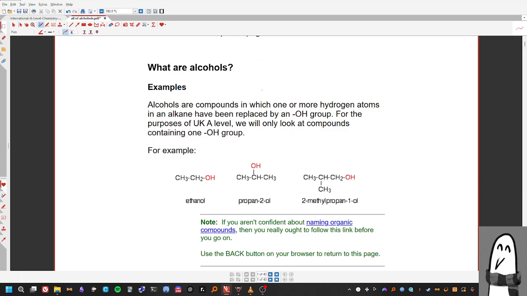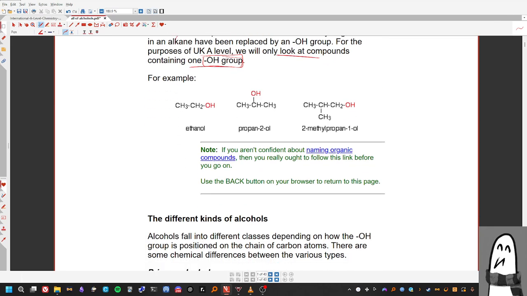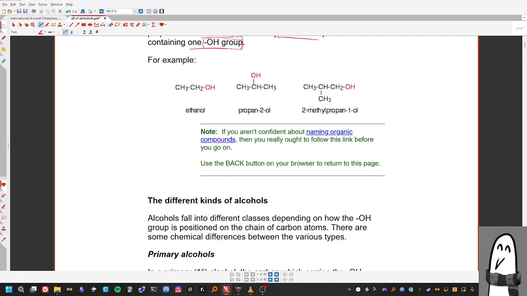So we have an alkane like that, and there's hydrogens everywhere, and one of those hydrogens or more is replaced with an OH group. And we'll only be looking at ones which have only one OH group, similar to haloalkanes. So as you can see, ethanol, propan-2-ol, 2-methylpropan-2-ol.